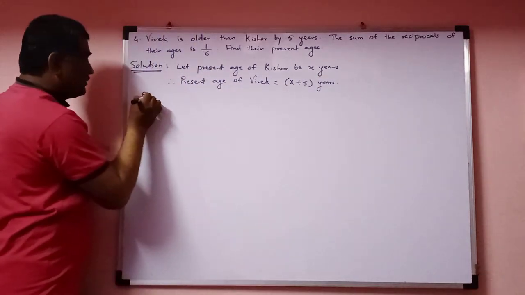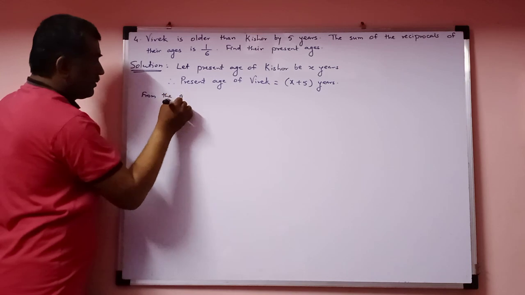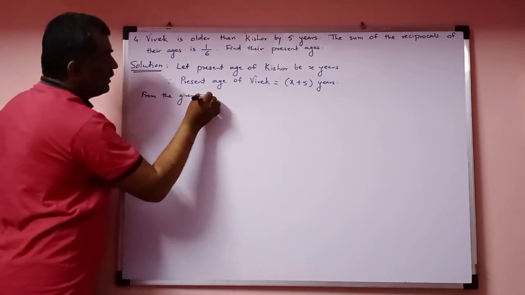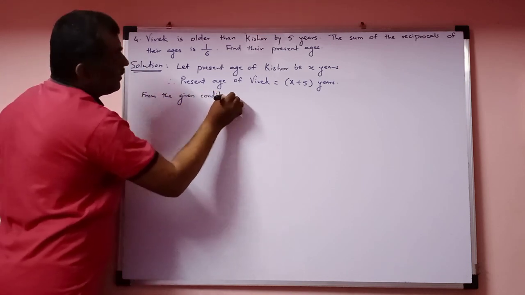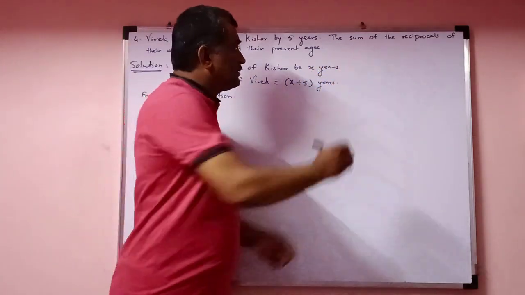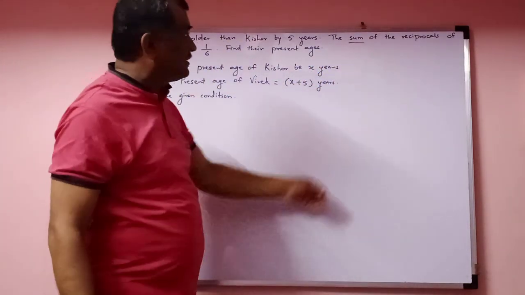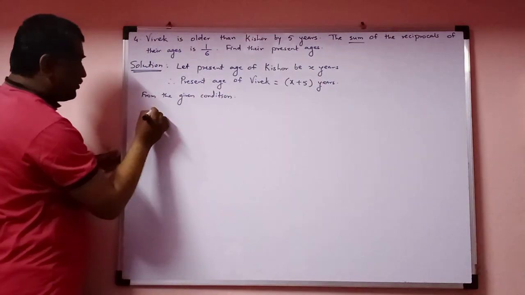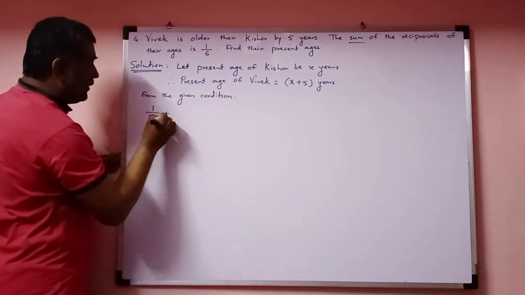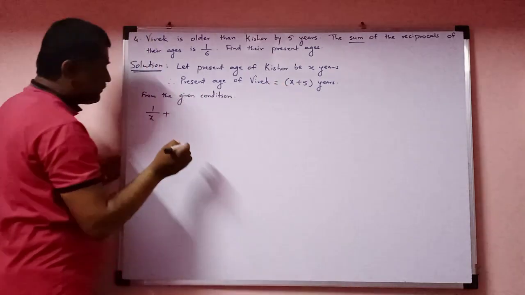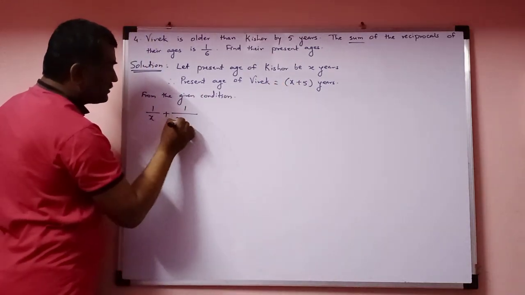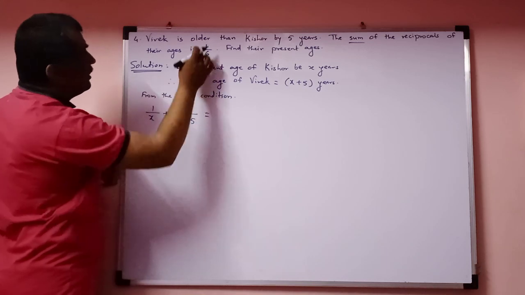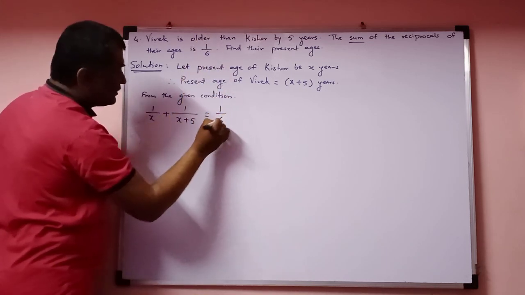From the given condition, the sum of the reciprocals, sum means addition of their ages. Reciprocal of x is equal to 1/x plus reciprocal of x plus 5 is equal to 1/(x plus 5) is equal to 1/6.